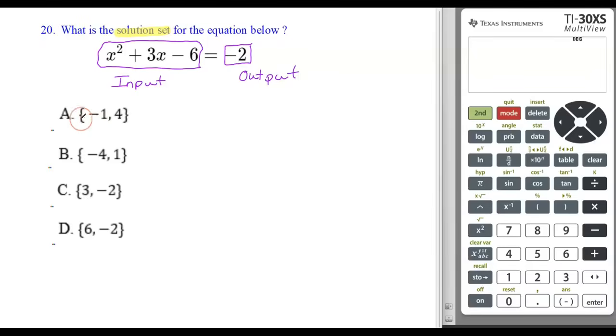So in other words, if I input -1 for x here and here, and plug it in, do I get out a -2? And then I'd also have to check the 4. Then I'd have to plug in 4 for x here and here, do some operations, and get out a -2.